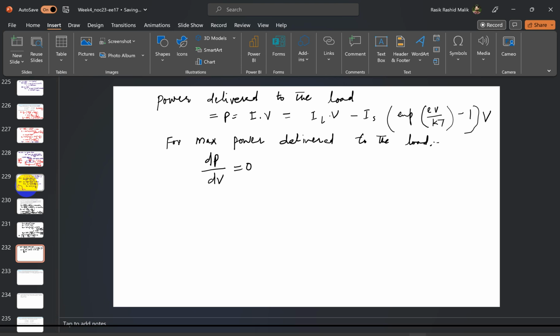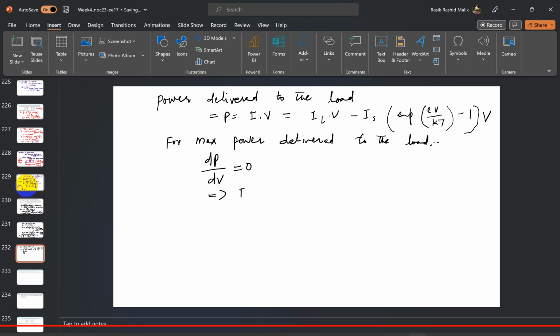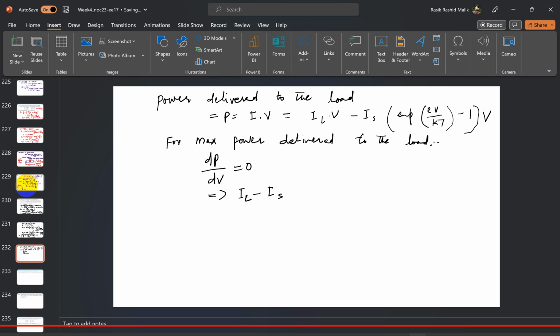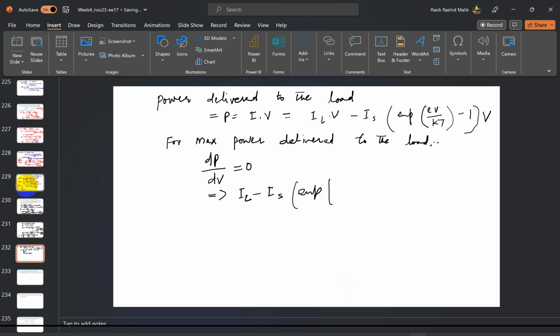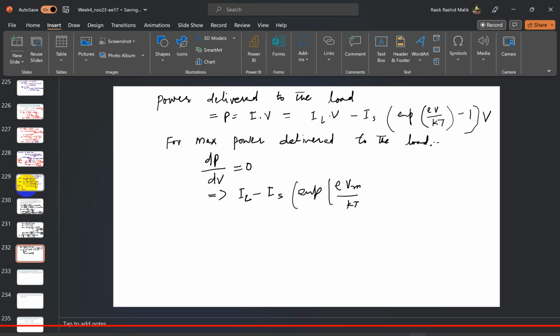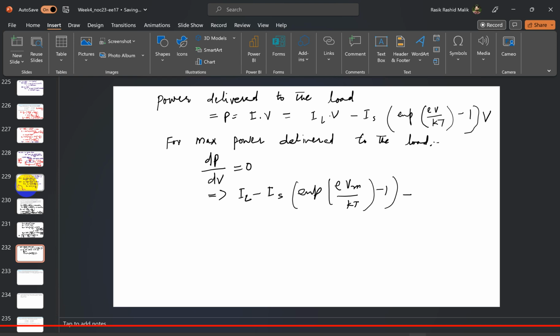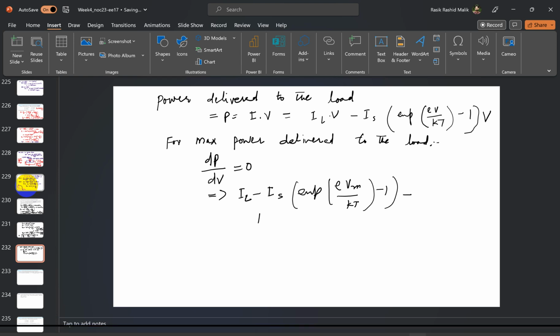If dP/dV equals 0, that means IL - IS (exp(eVM/kT) - 1) minus IS VM (e/kT) exp(eVM/kT), where VM is the voltage corresponding to the maximum power.